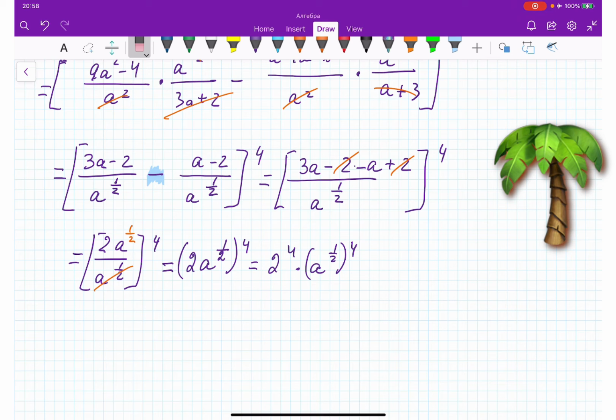So we are getting what? 2 to power 4 is 16, and a to power 1/2 times 4, right? Power to power, we multiply. This is 1, this is 2. And the final answer is 16a squared. And this is our answer.